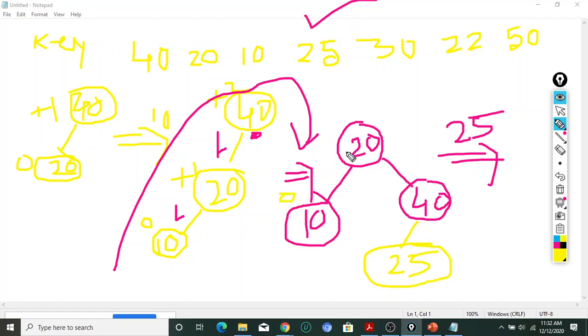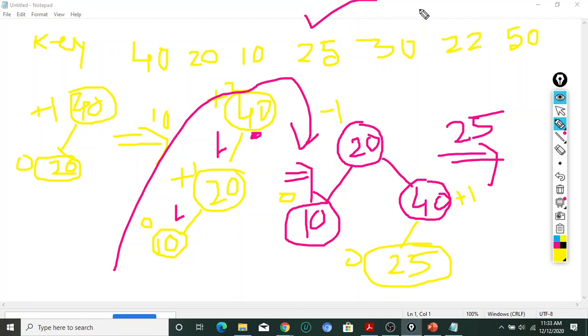This is 0, this is 1 minus 2, so that is minus 1. This is 0, this is plus 1, since the right child is missing. So this is balanced. After insertion there is no need to perform rotation, because the tree is already balanced.